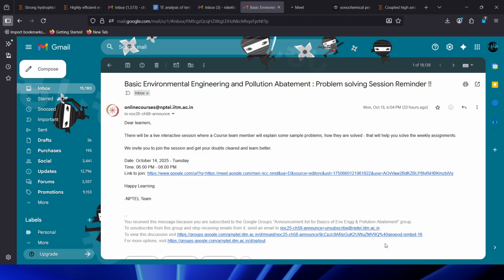Okay, so the first question is, what method is used to measure carbon monoxide according to NAAQS? First option is gas chromatography.